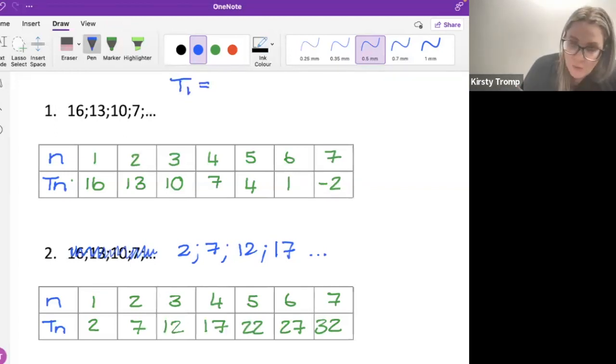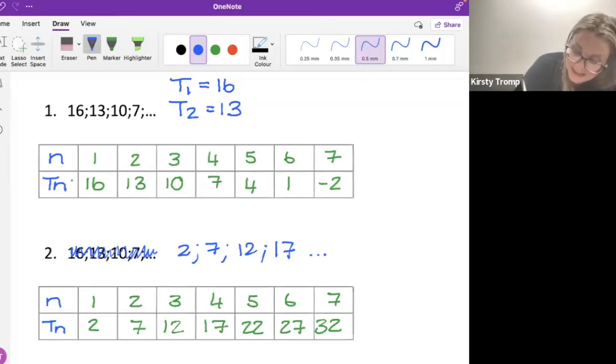T1 was equal to 16. What was T2? What was the second term? T2 was 13.